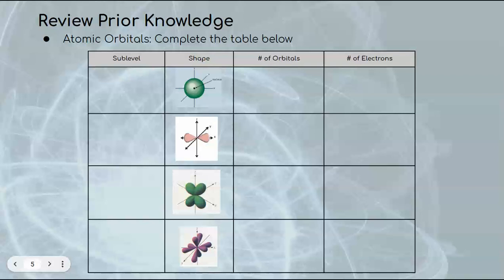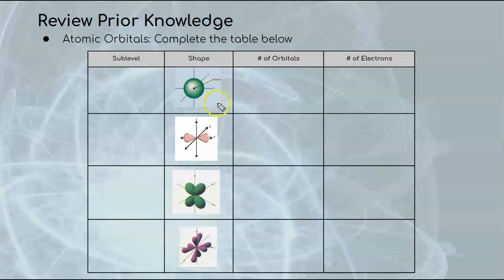In the table, you see only the shapes are provided for you. What I would like you to do is pause this video right now and try to complete the table on your own without referring to any notes. Give yourself about 30 seconds to a minute to do that, and when you've completed, you can go ahead and play this video.